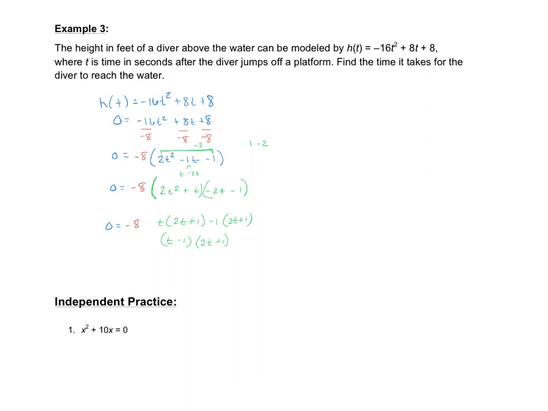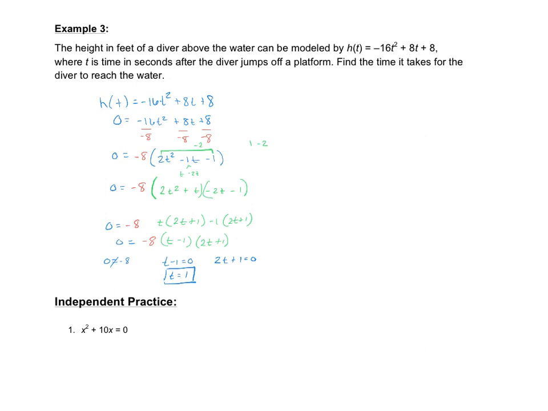And I had a negative 8 in front and a 0 equals. And now to solve, I don't have to worry about the 0 equals negative 8. And then the t minus 1 equals 0, zero product property, and 2t plus 1 equals 0. So I add 1 to both sides, I get t equals 1.